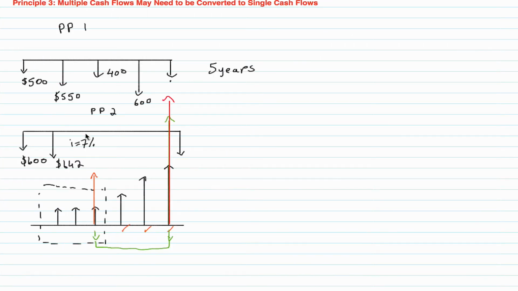When I say convert this cash flow, I mean take this single cash flow and find its economic equivalent not just at the end of the period, but at any period if you are given a certain interest rate. So that's what the third principle is really about.